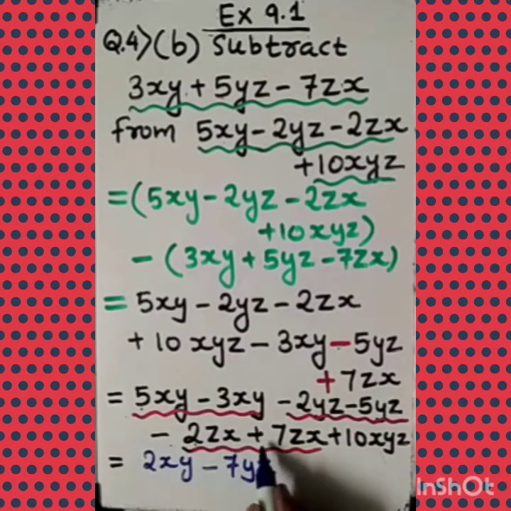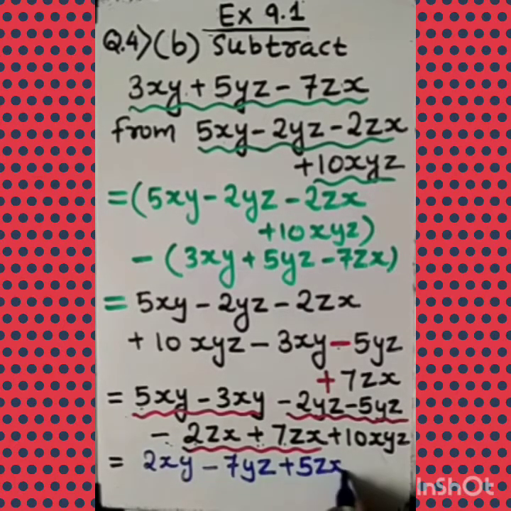Minus 2 plus 7 gives the result 5zx. And here the last term is 10xy. This is the last term we need to mention. So in the final answer, we are having 4 terms. Yes, this is the complete solution.